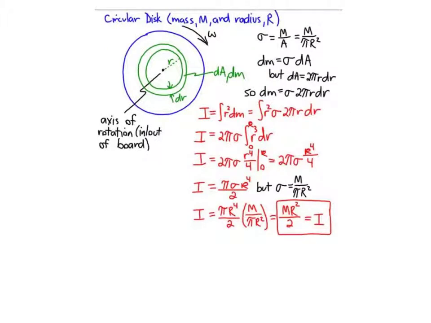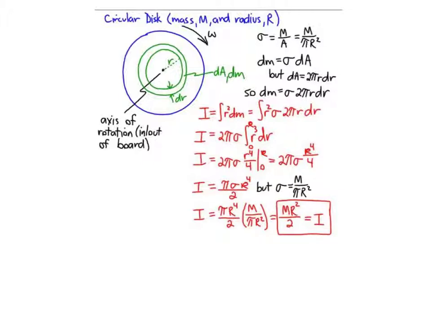The final required derivation for moments of inertia is the calculation of the rotational inertia of a circular disk of mass m and radius r. Again, our starting point to calculate the rotational inertia is the integral of r squared dm, but we have to determine what our dm is.